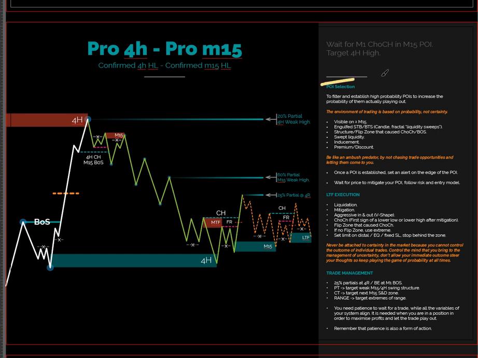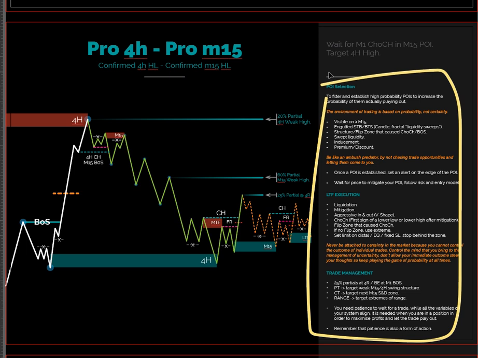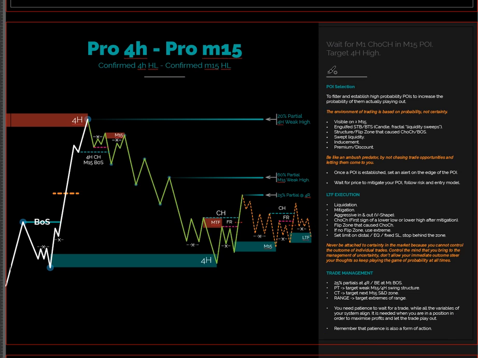On your right here is our checklist to see how we would look to enter into the trade, but there's a lot more that is not in here, like our mapping process. It's just in another file at the moment. However, from here we have POI selection.